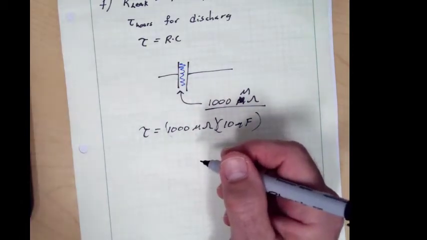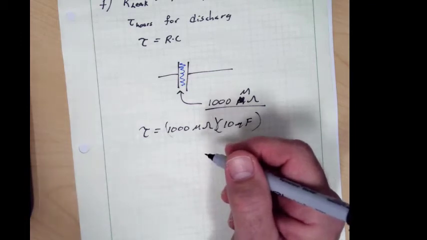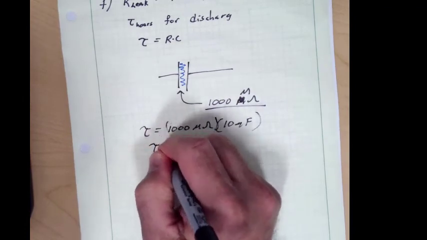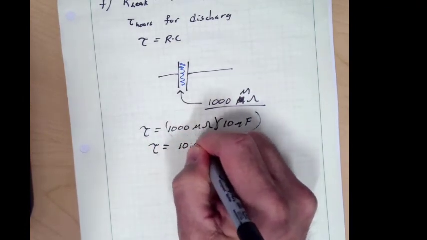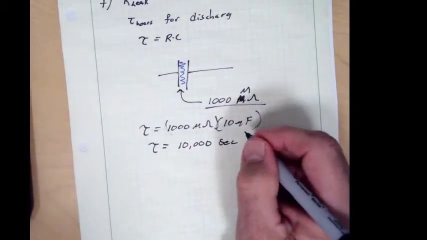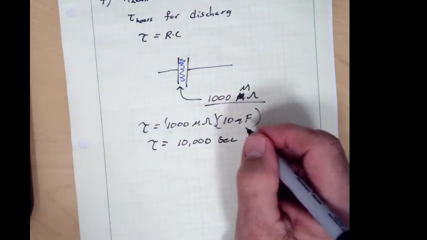We get a time of 10,000 seconds. So tau is 10,000 seconds. We wanted it in hours, so we have to use our unit conversions.